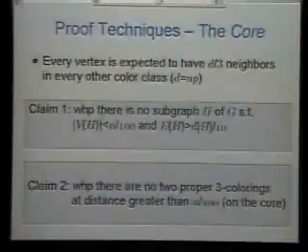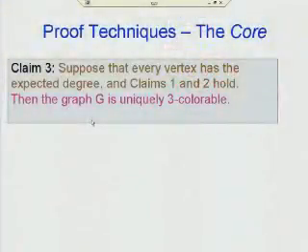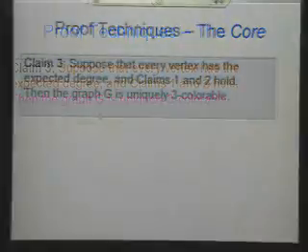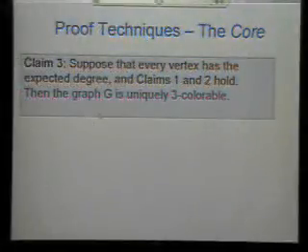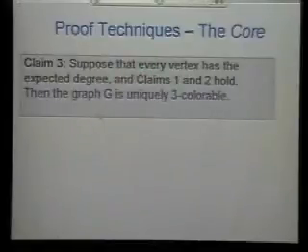So to begin with, we have this cluster in the planted setting, but not the constant that we would like to have. So what do these two claims already give us? Suppose indeed that every vertex has the expected degree, D over 3, in every other color class, and the two claims hold. Then I say that G is uniquely 3-colorable.